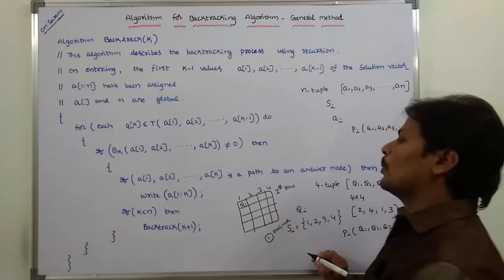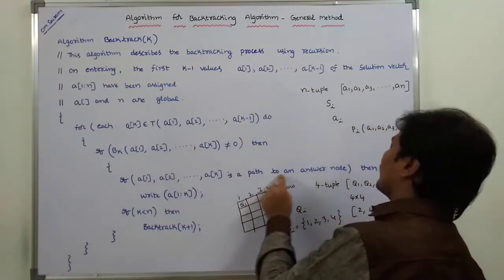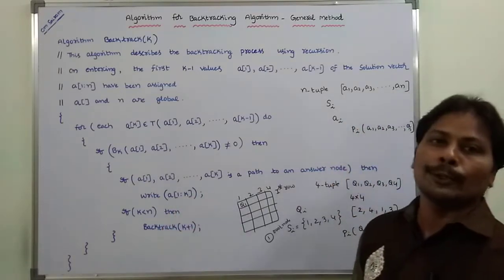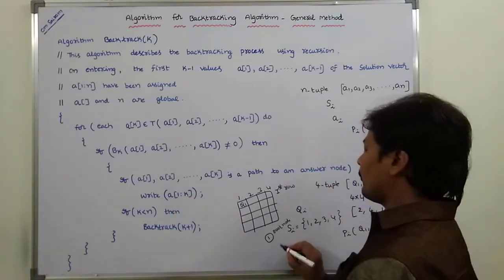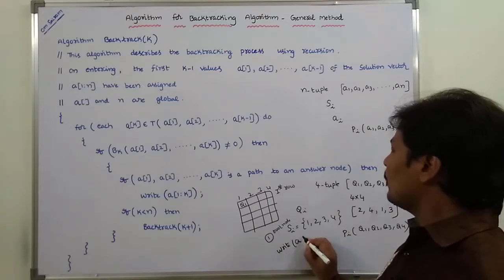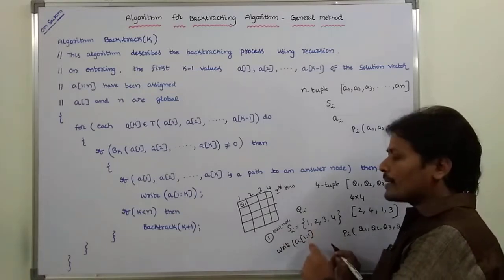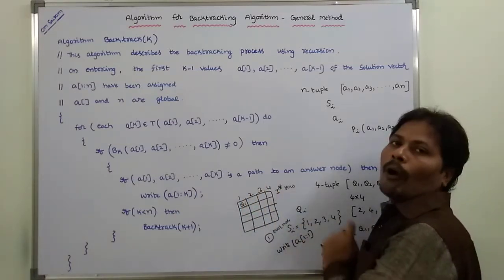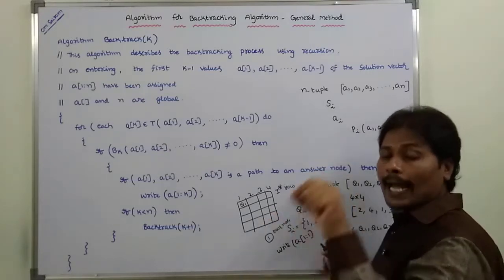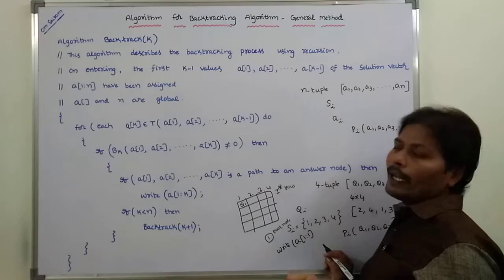So if a of 1 is a path to an answer node, then write a of 1 to k, that is, write a of 1 to 1, because one queen can be placed on the first column. It satisfies the bounding function or criteria function.